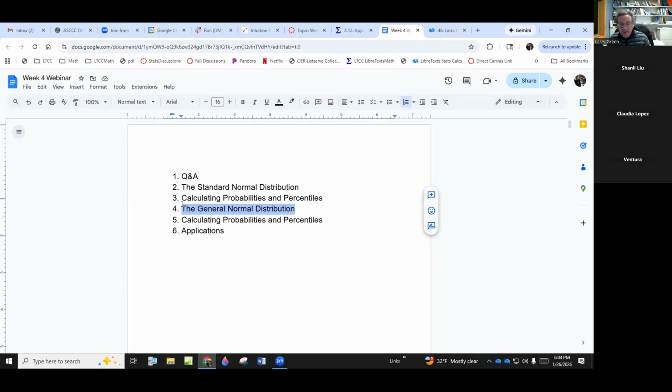That is important and required. And for the project, of course, you use the course calculator, that is the spreadsheet calculator. So we're going to be using that for the general normal distribution, and we'll be calculating probabilities and percentiles for that. Then we'll look at a few applications.